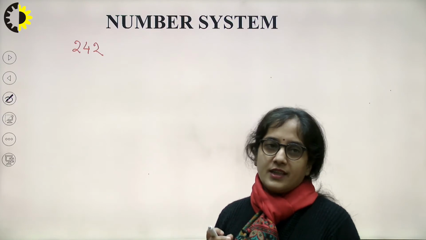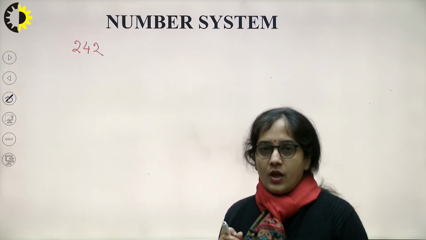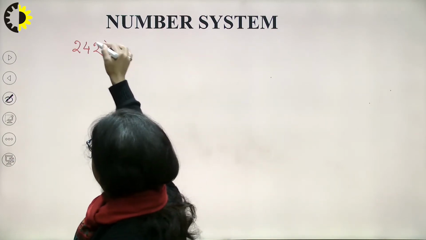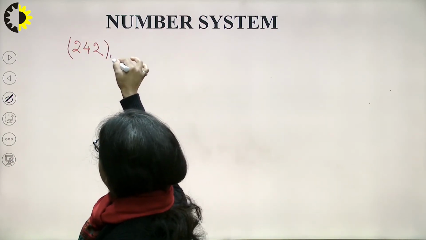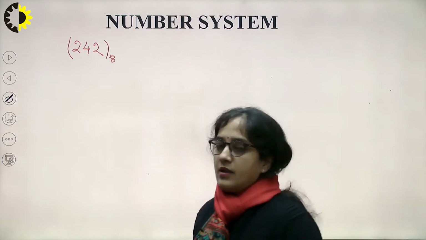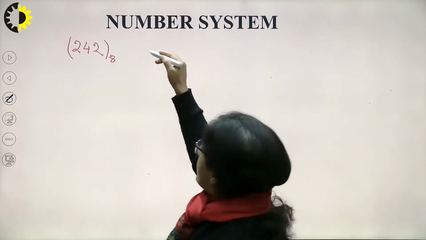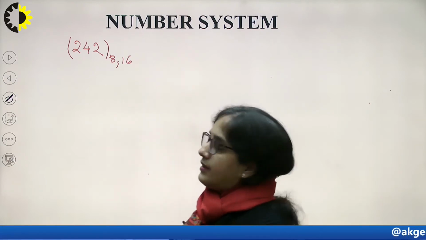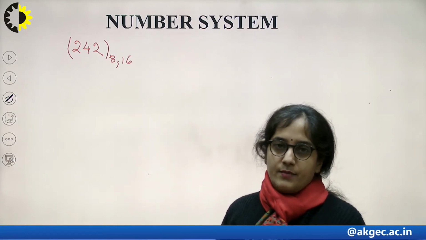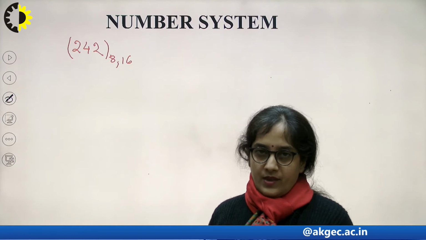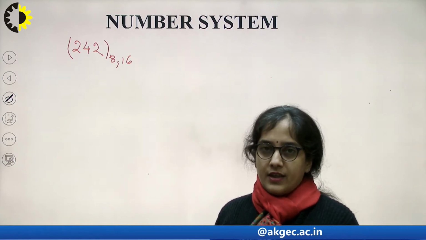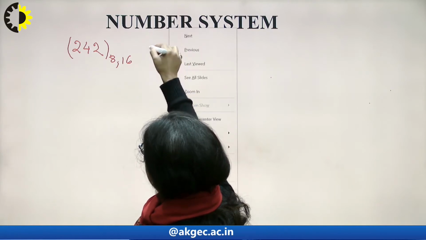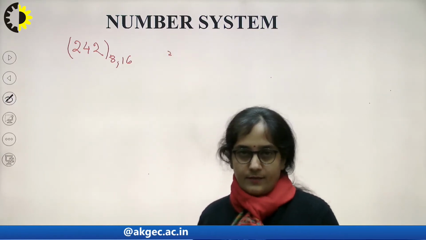We always read this number as 242 without any base. But if I mention a base here, 8 or 16, then the number will be in octal or hexadecimal. So we have to mention the base if we are not using the decimal number system.